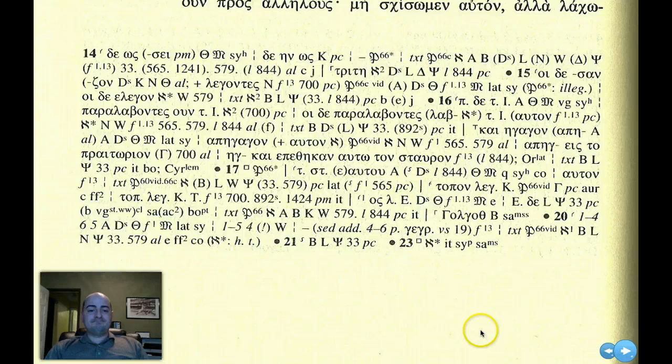So that's how we get the longer and shorter ending of Mark. There are differences, and all these little texts have different things, but in one of the versions that does not include the last verses of Mark, there are 3 empty pages.